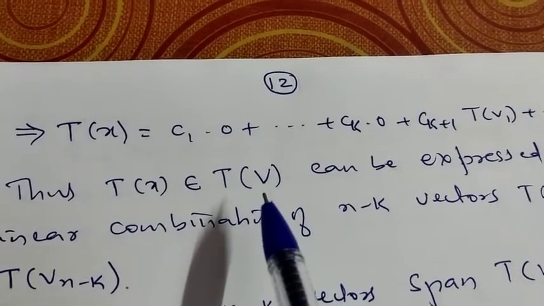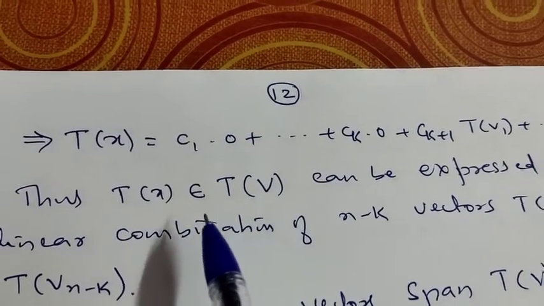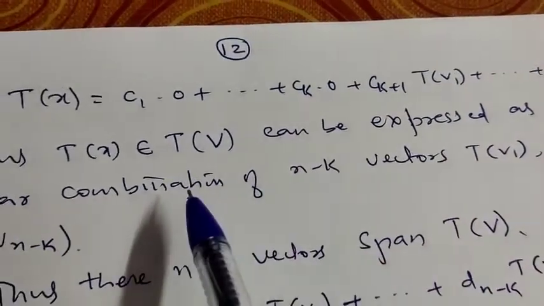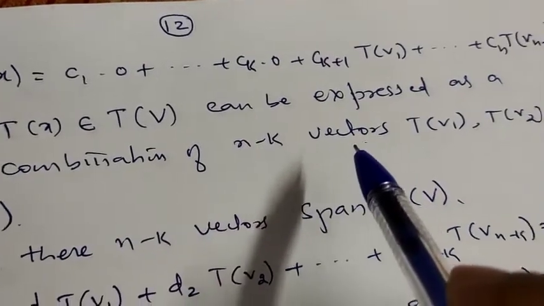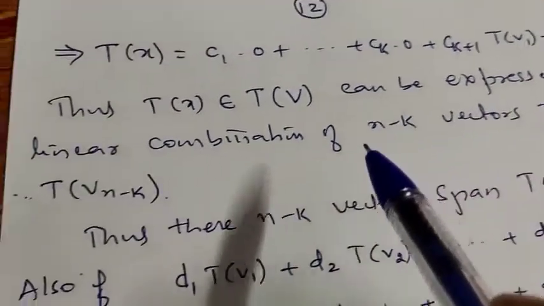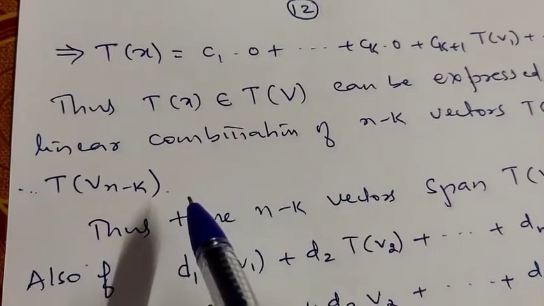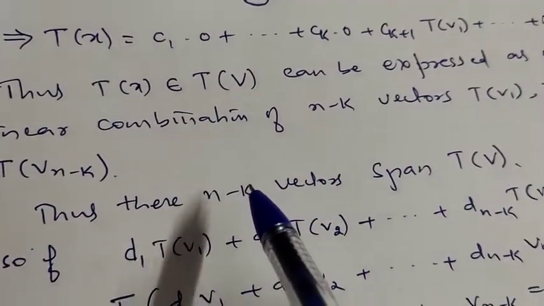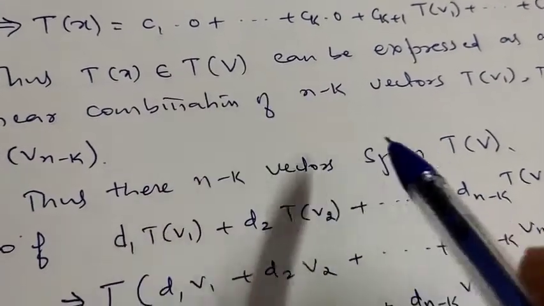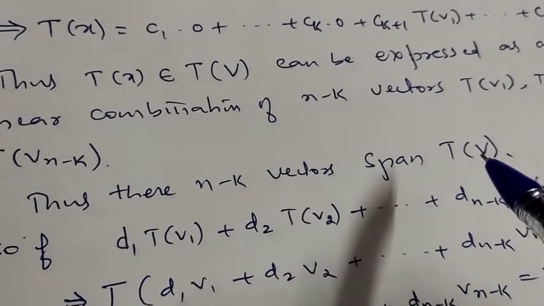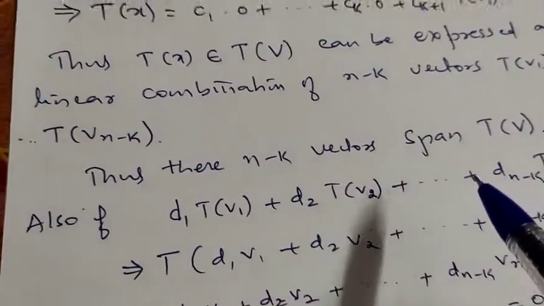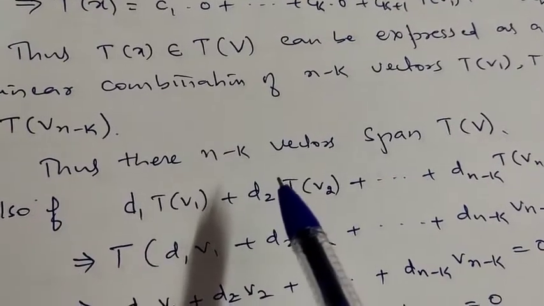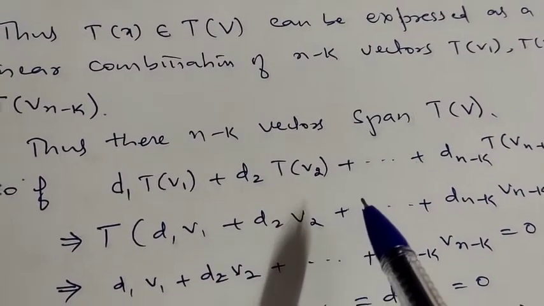It lies in the image space T of V. Thus T of X, belonging to T of V, can be expressed as a linear combination of the n minus k vectors T of V1, T of V2, etc., T of Vn minus K. Therefore, these n minus k vectors definitely span the image space T of V, which is the range of T. Also, we can show these vectors to be linearly independent.